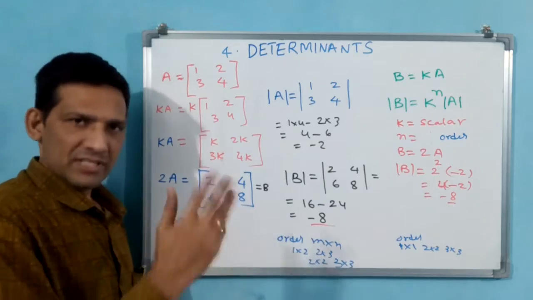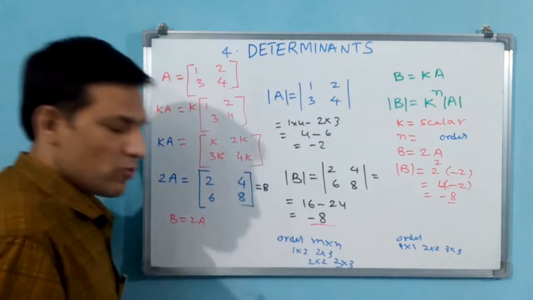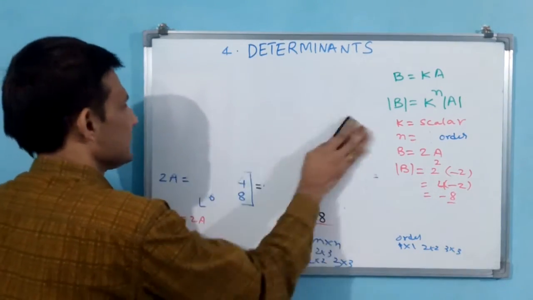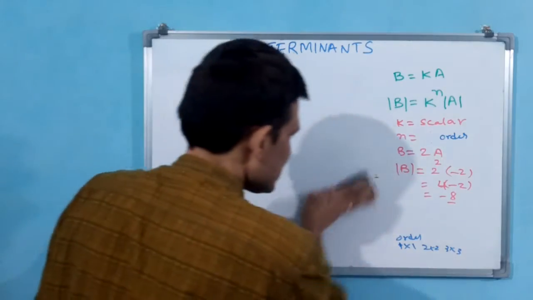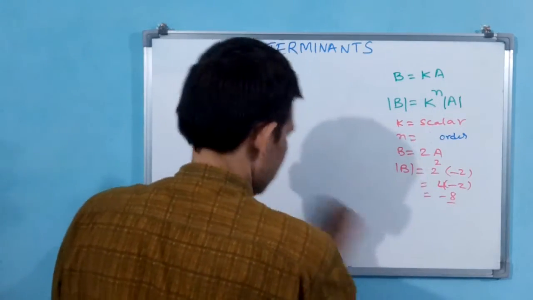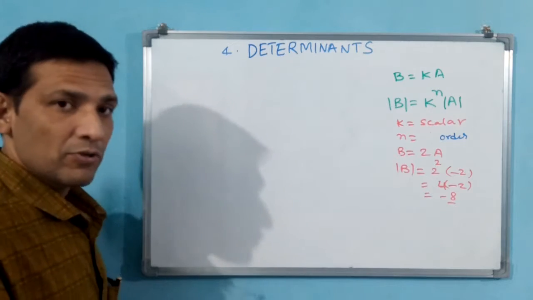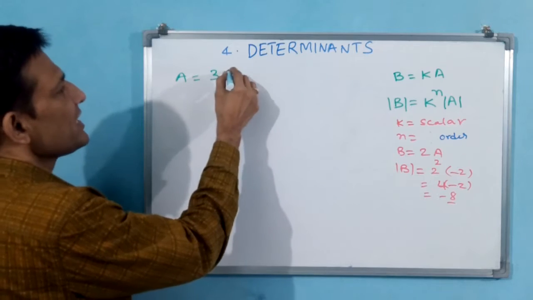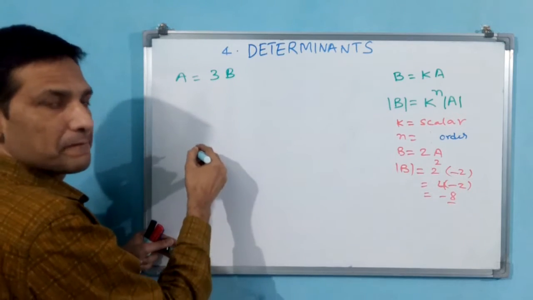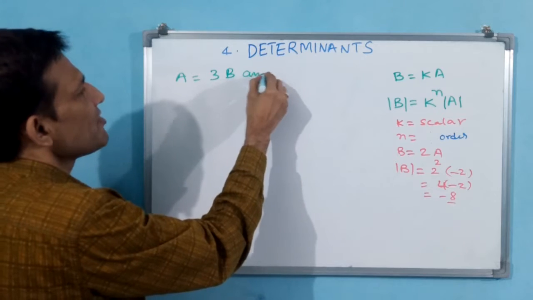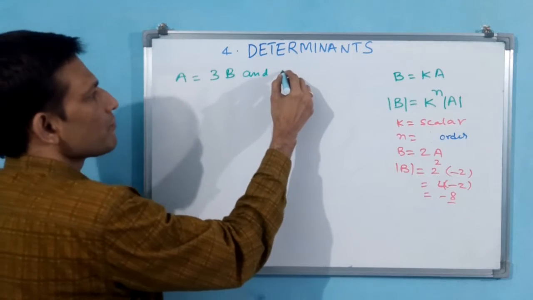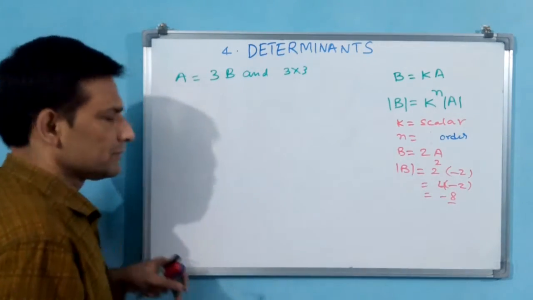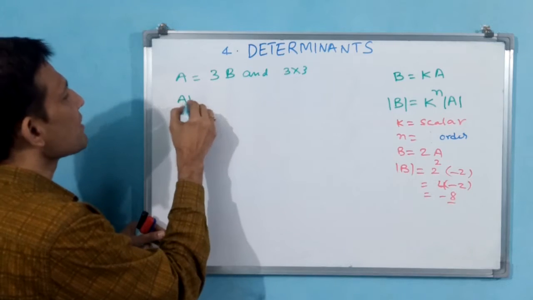Let us say matrix A is 3 times the matrix B, and the order is 3 by 3, third order, like they tell. What is the determinant A?